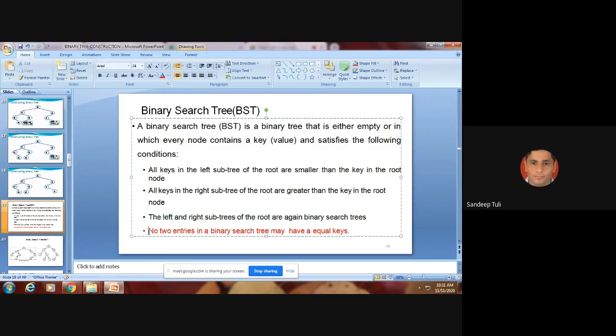Now there is a contradiction. That's why I have made it in red points. No two entries in the binary search tree may have the same key. That's why I am saying only the left side or right side. But in standard books, आप जब टेनेनबॉम पढ़ोगे data structures की, तो वहां पर हमें इसका एक solution मिलता है कि binary search tree में same keys भी हो सकती हैं, because real life में it is possible that the same value will be there in the tree.